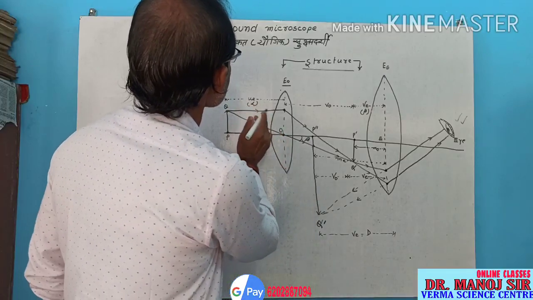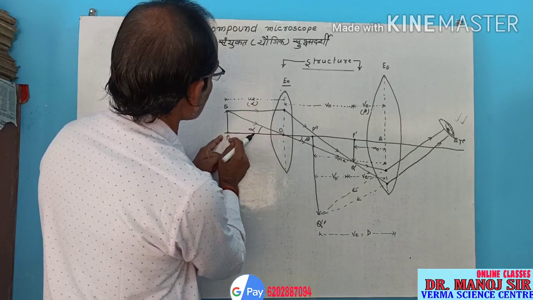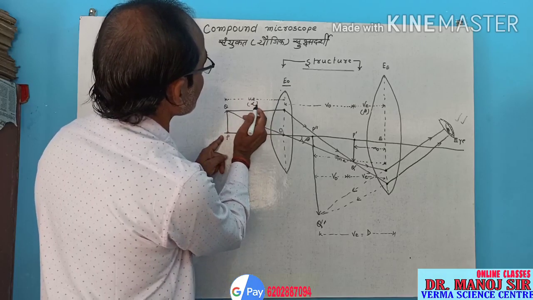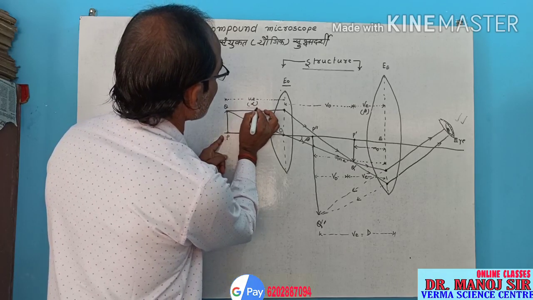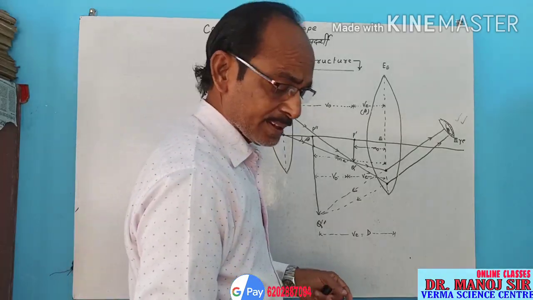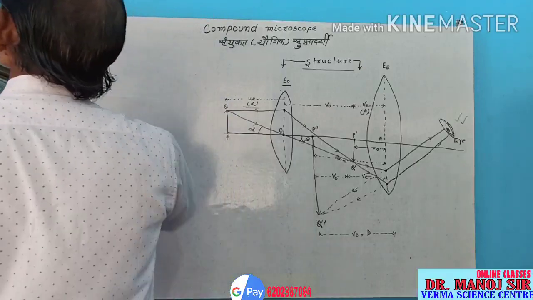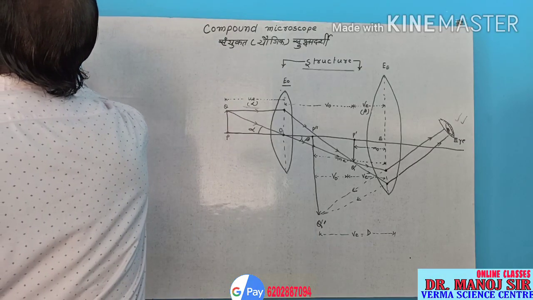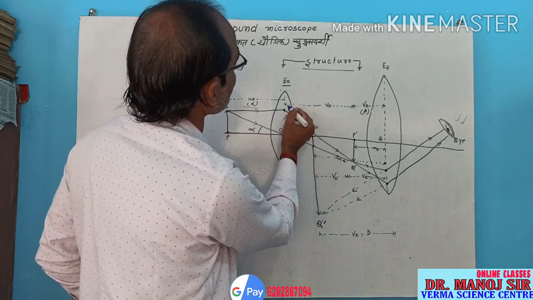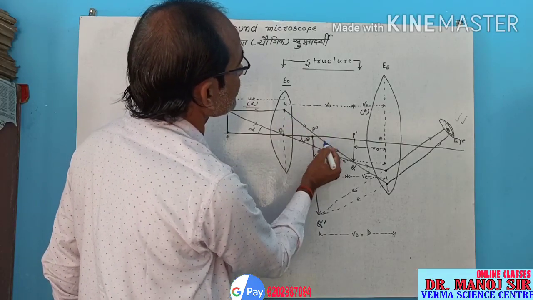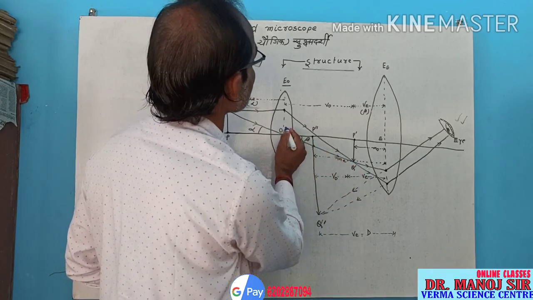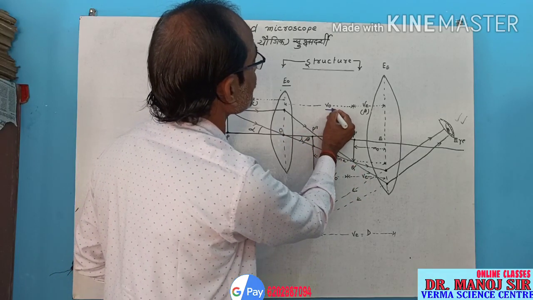The distance of the object, that is UE, made an angle alpha, and VO, that is the distance of first image from the objective piece, that is VO.